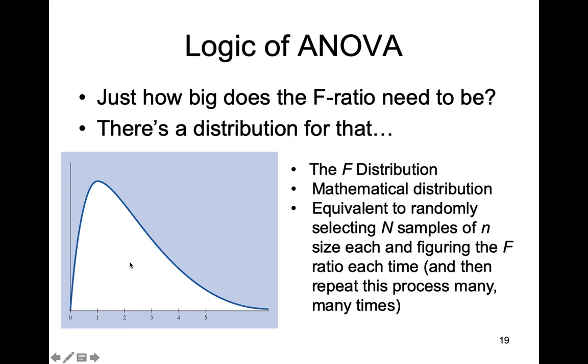So what we're going to ask is, how big does our F ratio need to get before we say, hey, that's not randomness or chance, that's due to some real treatment effect or some real difference in the population. And so we have an F distribution lookup table that we'll use, very similar to our lookup table for our t distributions.